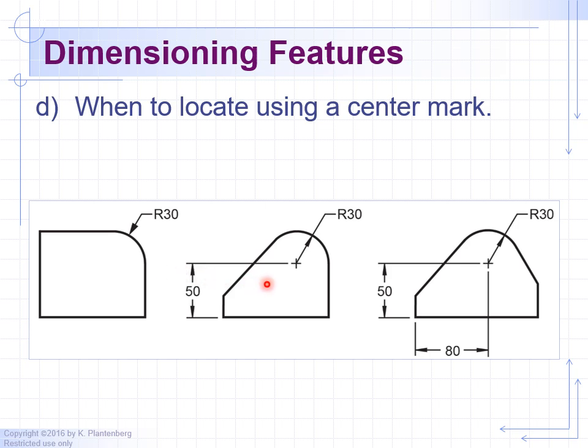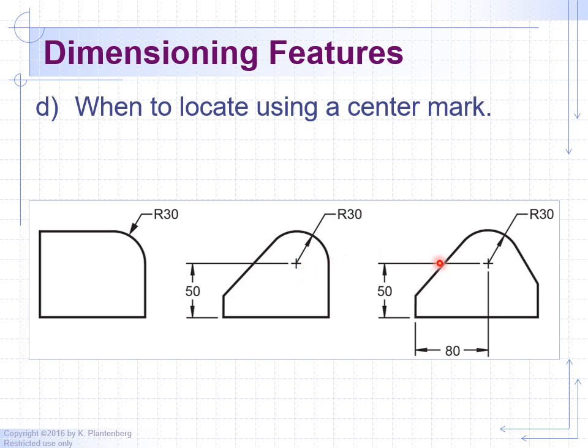Now, if it's not a 90-degree curve, or 180 degree works as well, but an odd curve like this, you don't know exactly where it's going to be located. So in this case, we need a center mark, and we need to show where that center mark is. It's 50 up. Now, you don't need a dimension on this side, because you'll notice this comes in nice and tangentially, and so we know that the distance from this center mark to this edge is the same as the radius of 30.